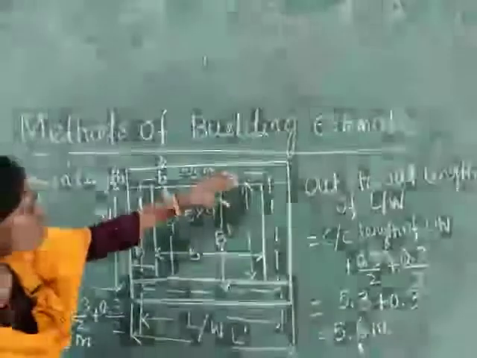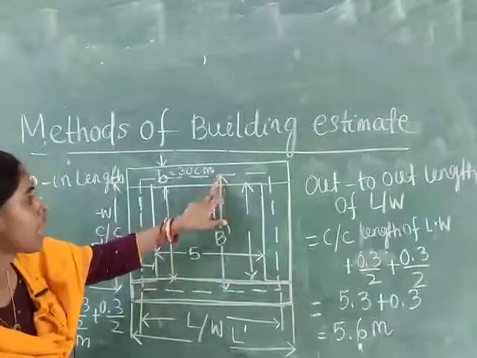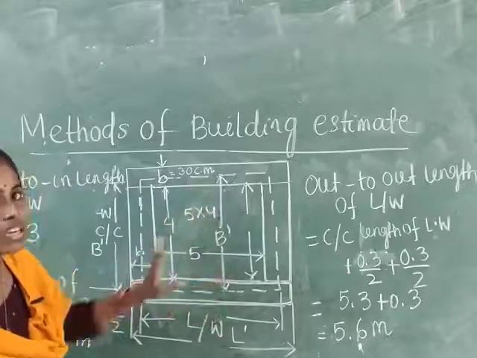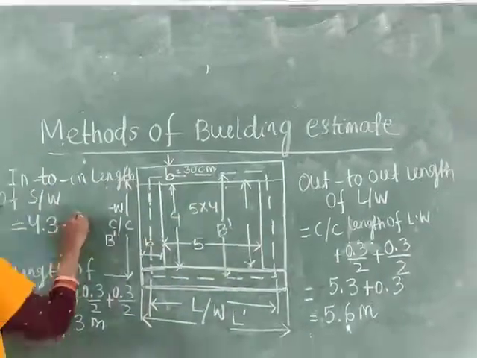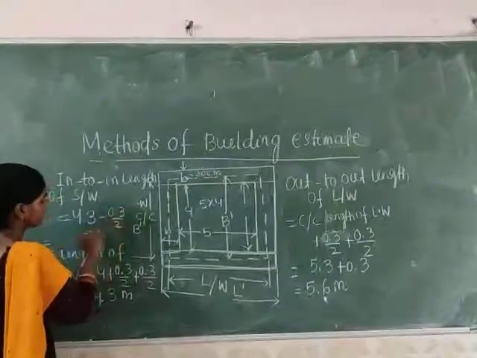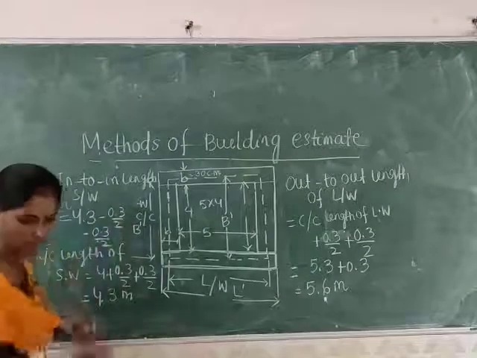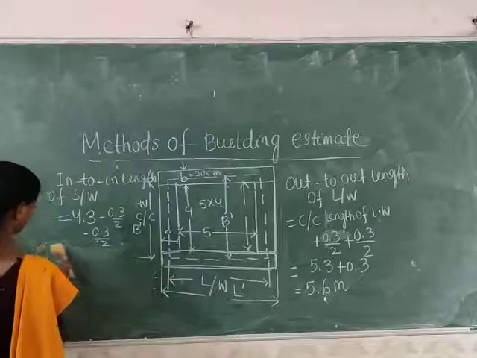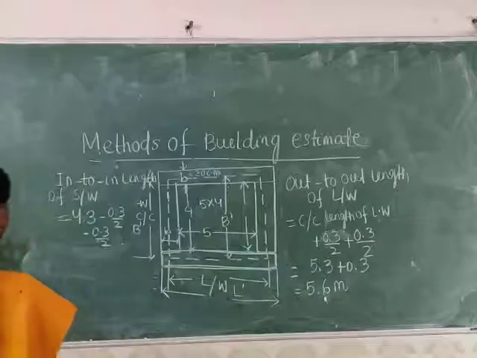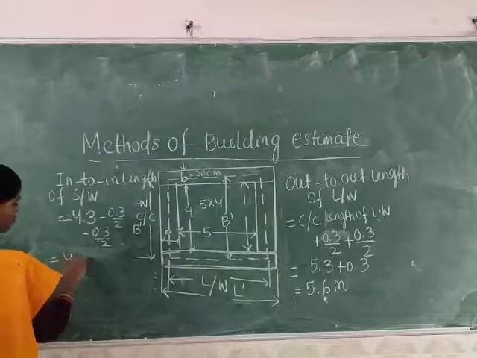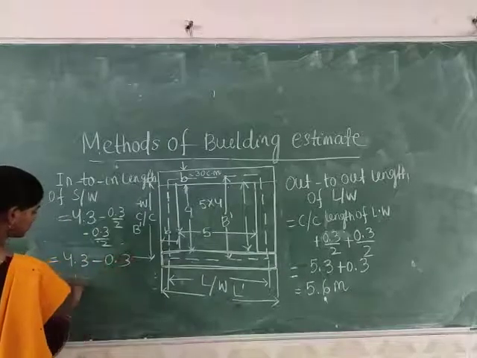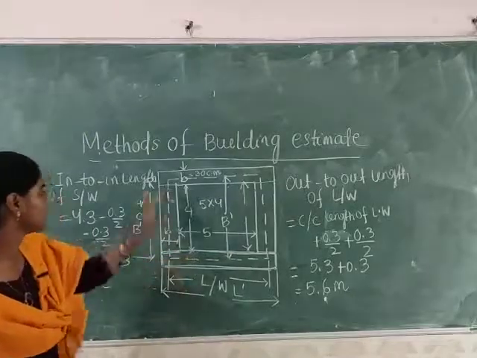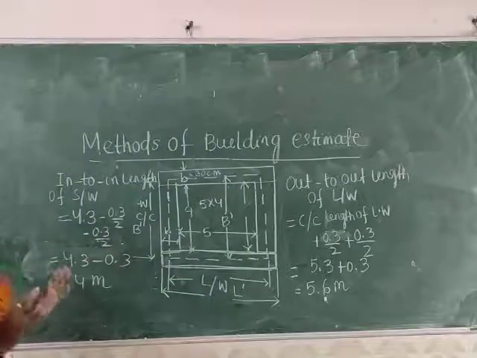From 4.3, if we subtract half of the breadth from one side and half of the breadth from the other side, we will get the in to in dimension. So minus 0.3 by 2 and again minus 0.3 by 2. It will be 4.3 minus 0.3, that is 4 meter. In this way we are calculating the out to out length and in to in length.